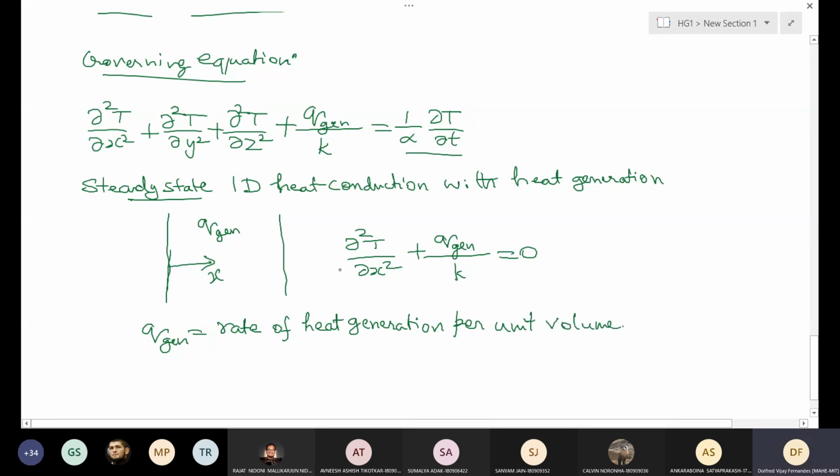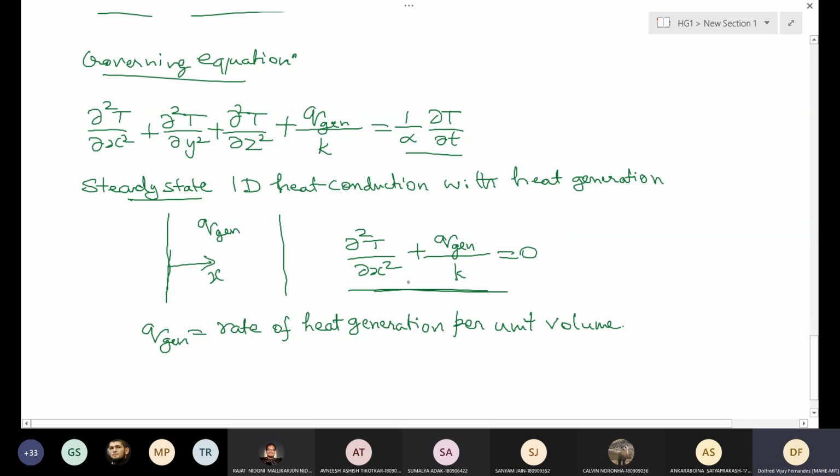So this is how we can obtain the governing equation from the top-down approach. We write the entire equation first, then for our case we simplify because we are doing a steady state problem and we are considering only one-dimensional conduction in the x direction, with the heat generation term. So only these two terms will remain in the equation.